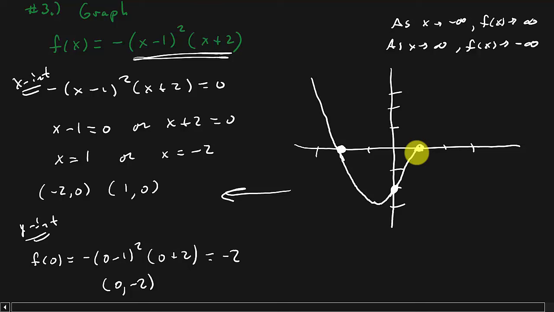But notice, once we're going to infinity over here, the y values are going to negative infinity. So once it gets here, it's going to turn back down like this, and the graph's going to look like that. And we know it's going to hit this point and turn because of that squared term there. Okay, but there's the graph of it. This would be negative 2, that's 1, and this is a y value of negative 2.